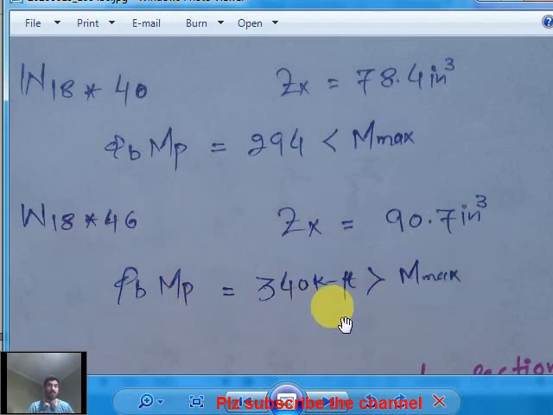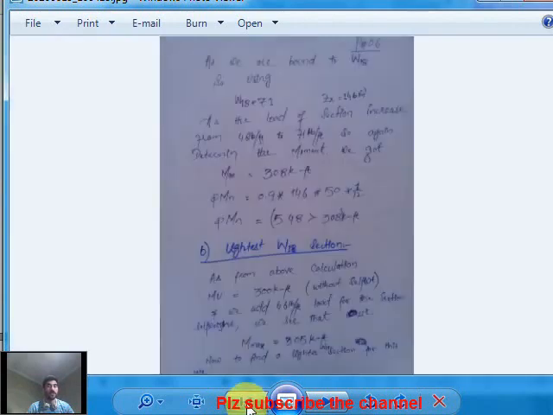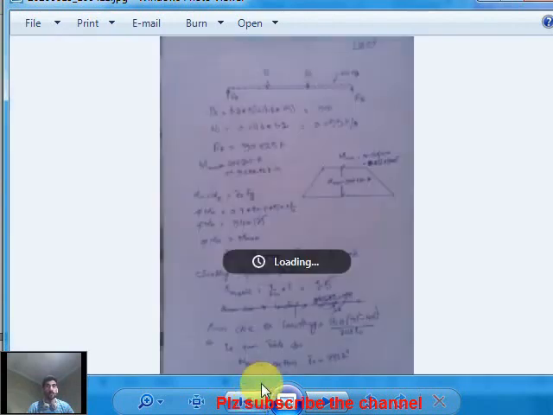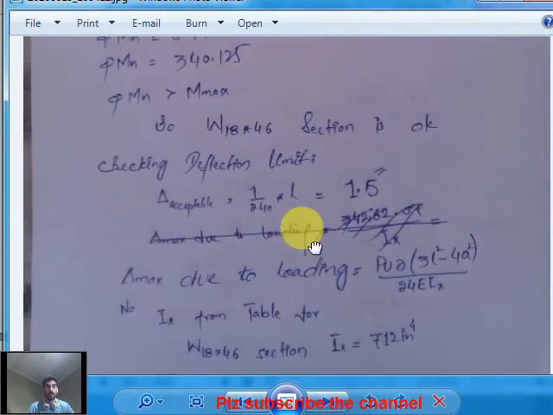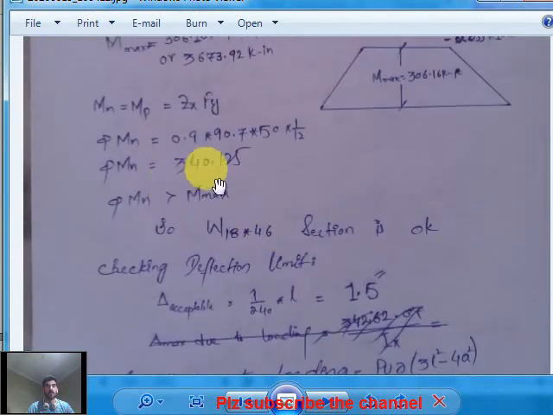Because we already did the calculation for W18x46 and we know the moment capacity, as we calculated here, this one, 340. W18x46 section has a moment capacity that is 340.